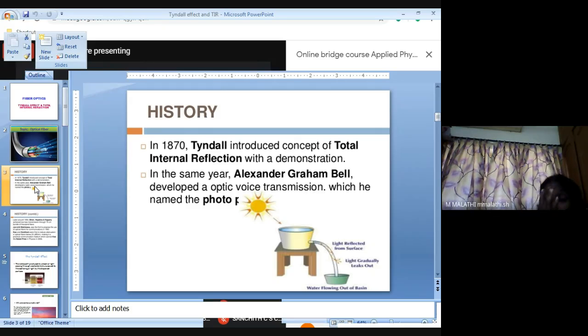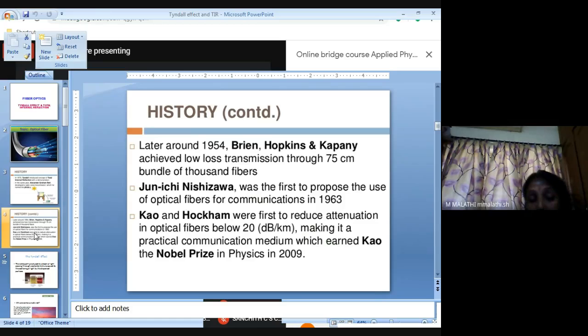How that is possible, the first demonstration was done in the year 1817 by Tyndall. The concept introduced is the principle of total internal reflection.